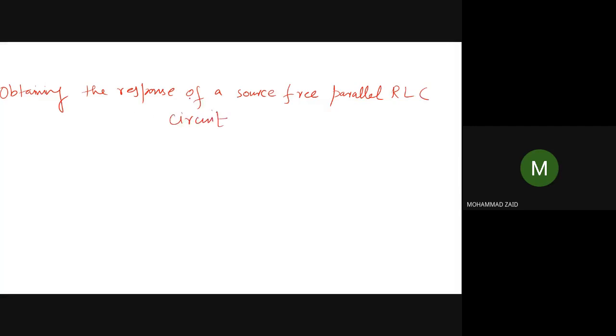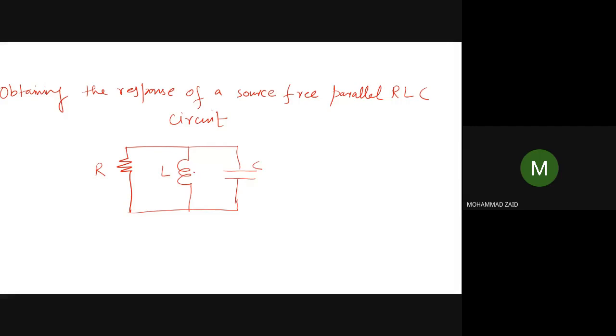So we need to obtain the response of a source free parallel RLC circuit. Let me draw the circuit. This is R, this is L, and this is C.